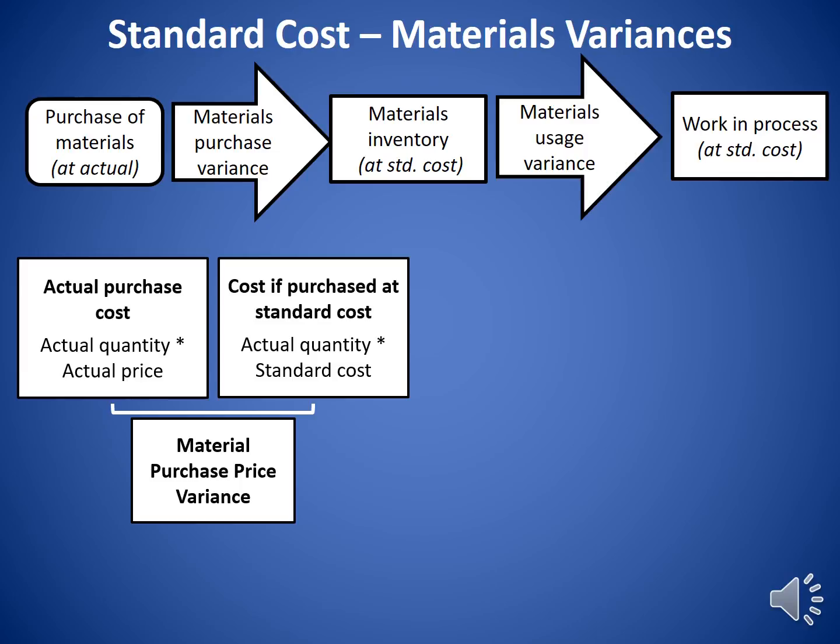So that is the actual quantity that we purchased times our expected cost, which is our standard cost. Now, in a perfect world there'd be no difference, because we purchase for exactly what we expected to purchase the materials for. But in the real world, that's pretty much never the case.